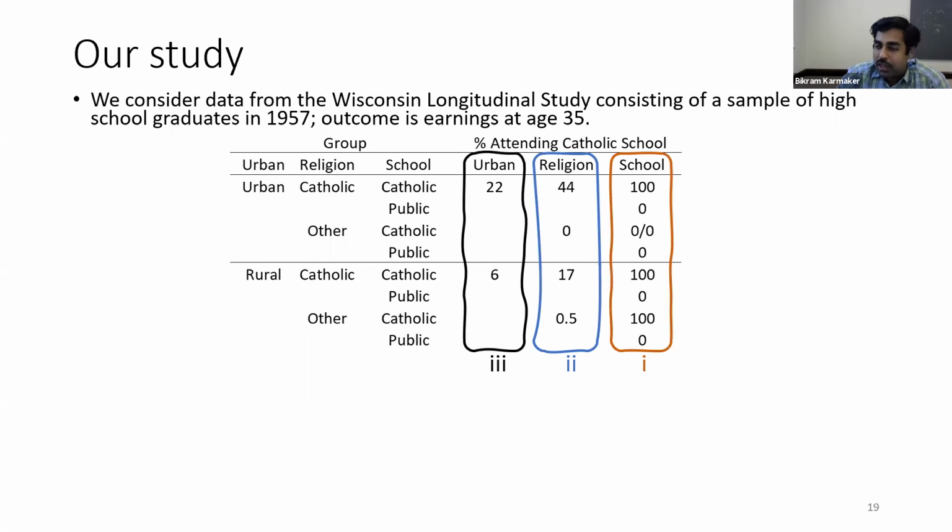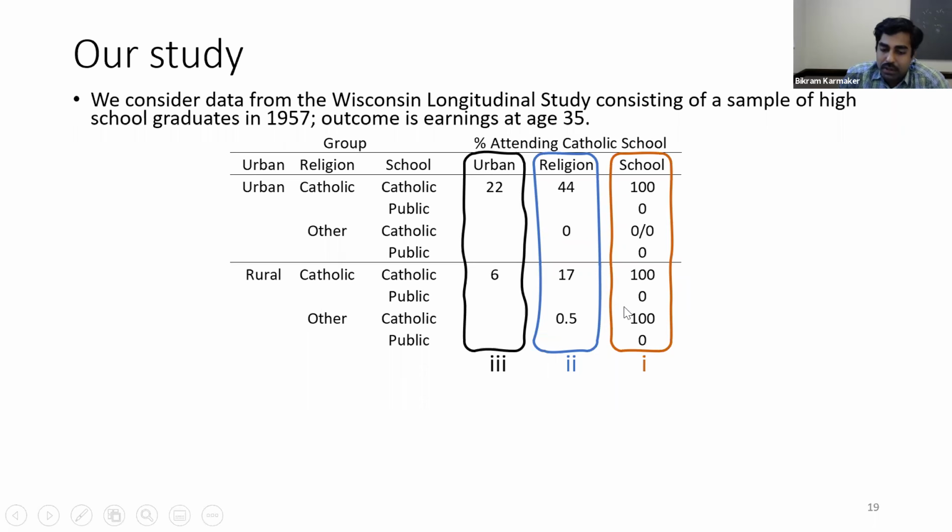So we considered three comparisons using the same study. In the first comparison, we stratified on urban, rural, and religion, and compared the two types of schools, Catholic schooling or public schooling. So that's the third rectangle here.